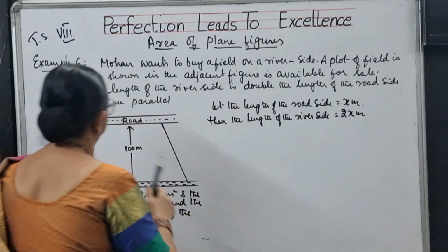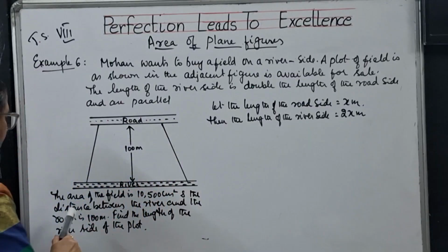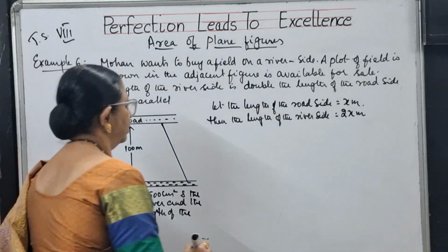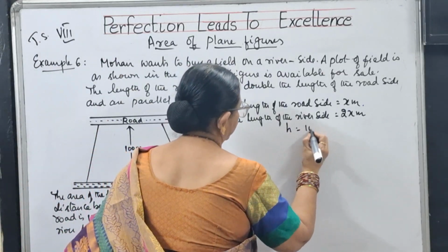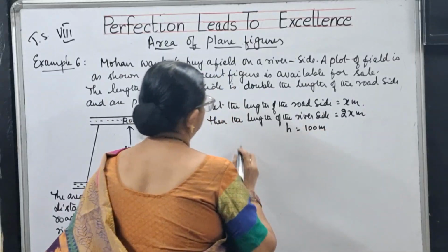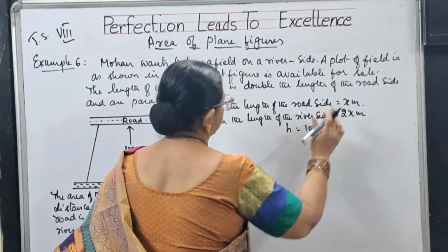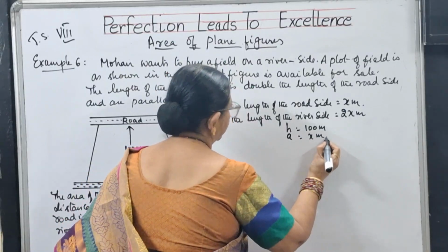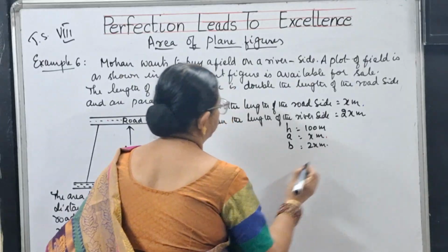And the distance between the river and the road side is 100 meters. So h is given as 100 meters. So a is equal to x meters and river side b is equal to 2x meters.